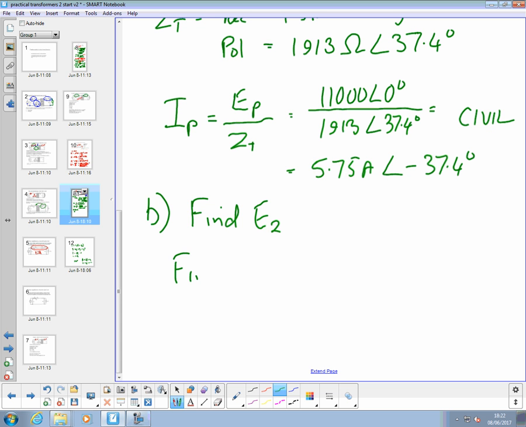We just said we'll first find E2 dash. E2 dash is equal to ZT dash times IP.